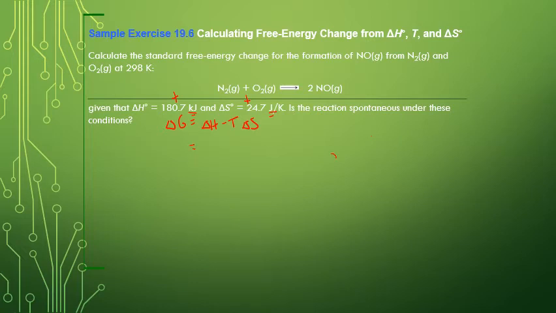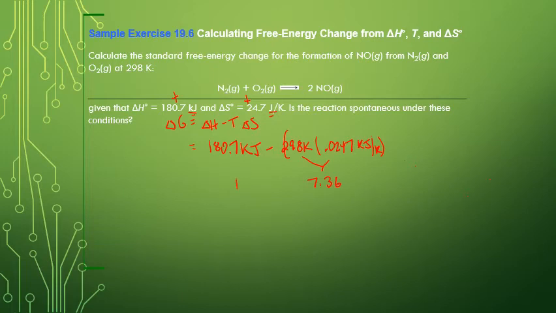So to calculate, I would have 180.7 kilojoules minus the temperature, which is listed as 298, multiplied by the 24.7 joules. So converting that into kilojoules, again dividing by 1,000, I'd have kilojoules per Kelvin, or should be per mole Kelvin with this. And this product here is right around 7.36 to be exact.